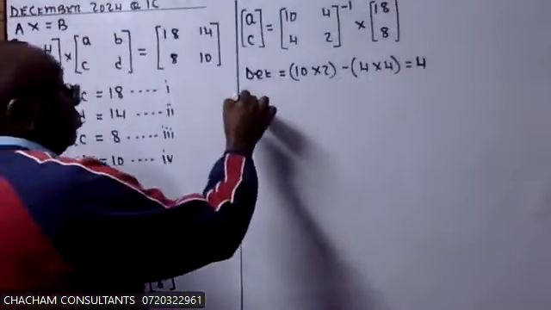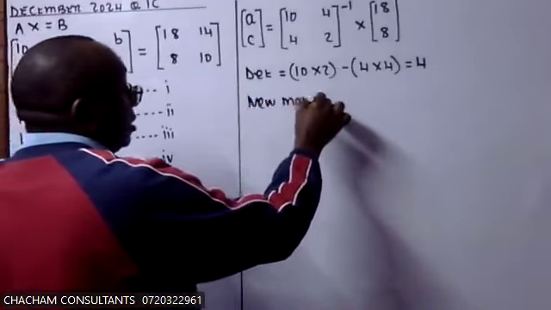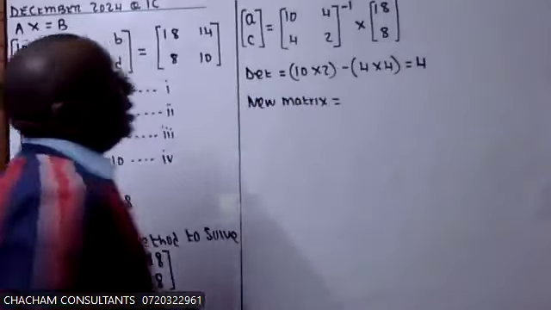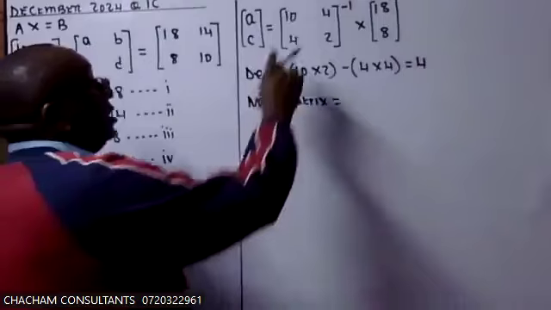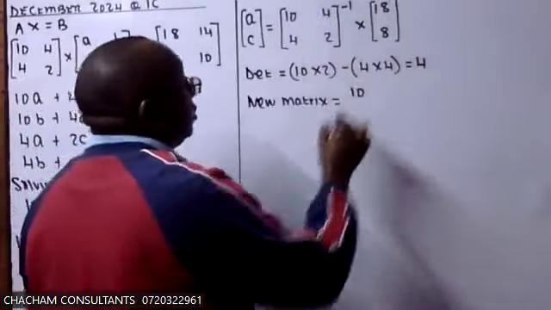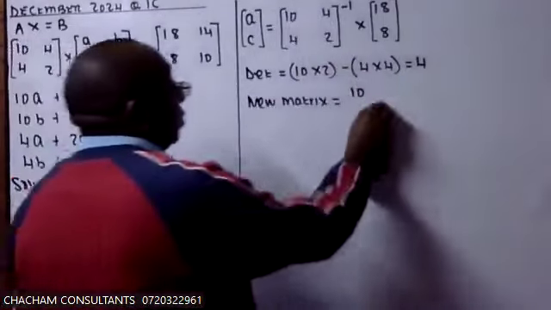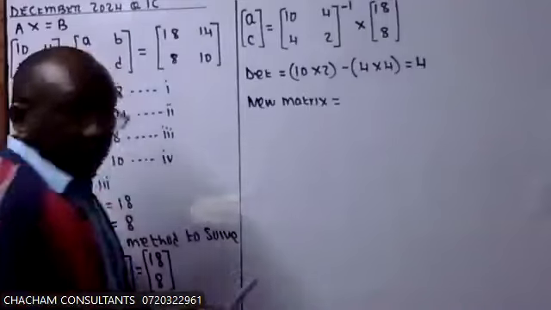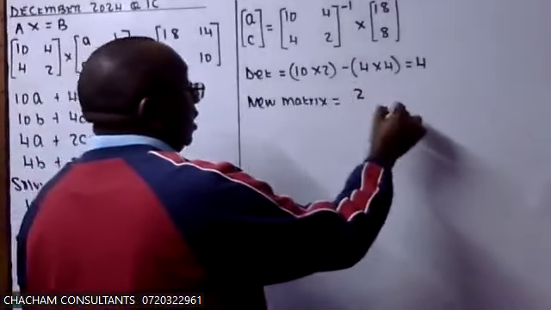Then you get the new matrix. For the new matrix, you change the positions of the major diagonal elements. So 2 comes here and 10 goes here.